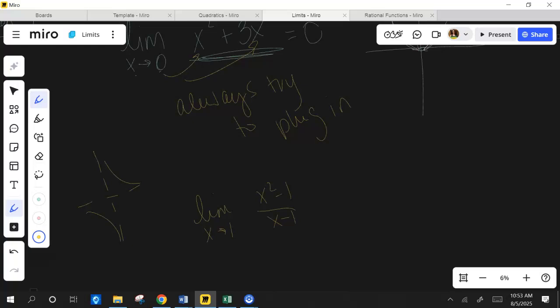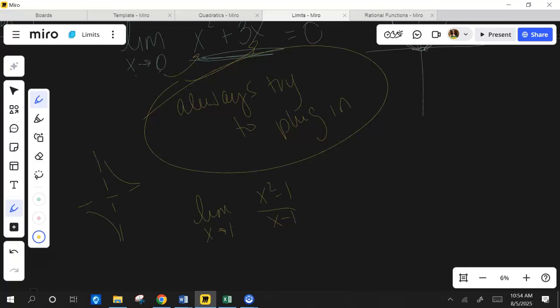That's exactly right. My problem lies in that if I plug 1 in, I get a 0 in the bottom and I can't have that. So I can't do this to evaluate that limit.